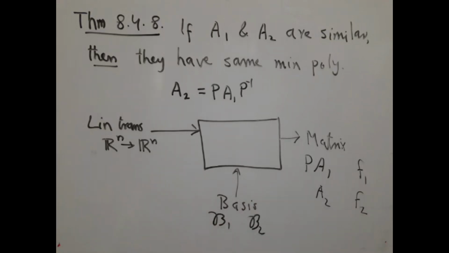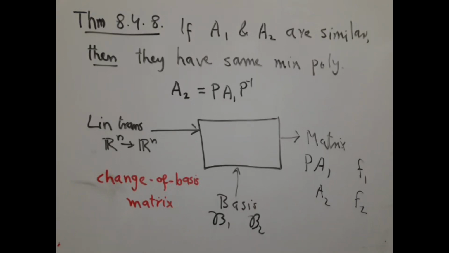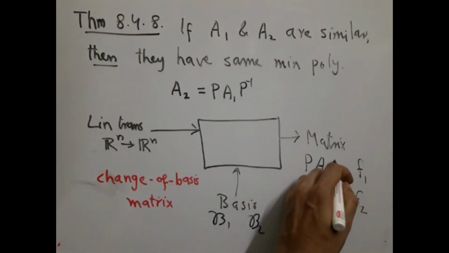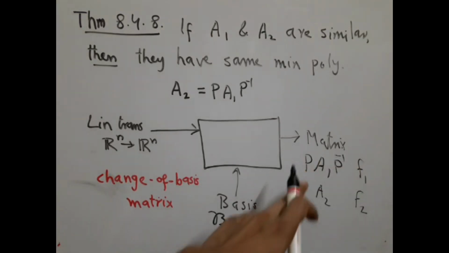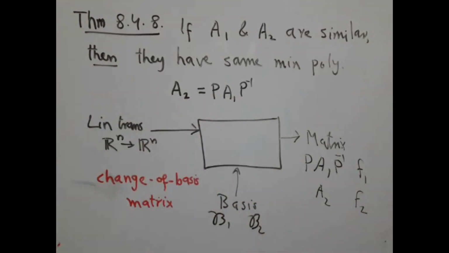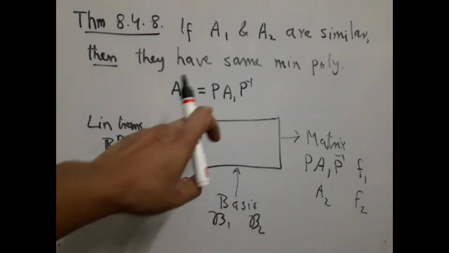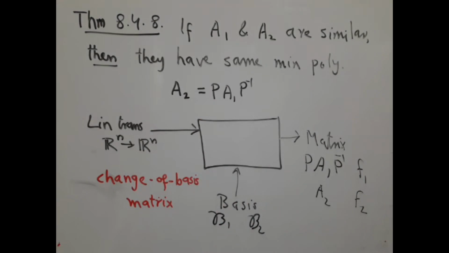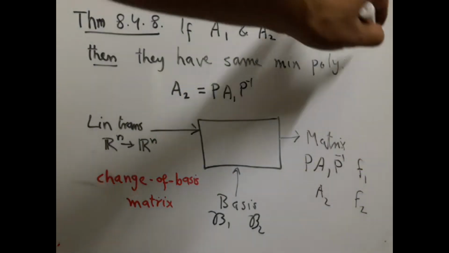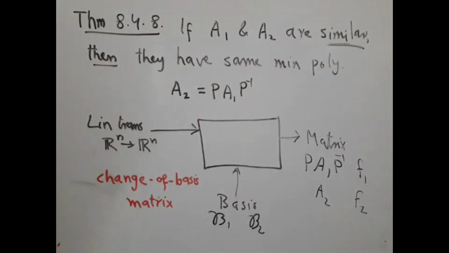Sometimes this P is called the change of basis matrix, and we will post-multiply it by the inverse of the same P. So A2 must be of this form. So every time you change your basis, you get a suitable non-singular P, and the new matrix will be related to the old matrix by this relation, and it is such a commonly used relation that we have a name for it. We call it similar matrices.